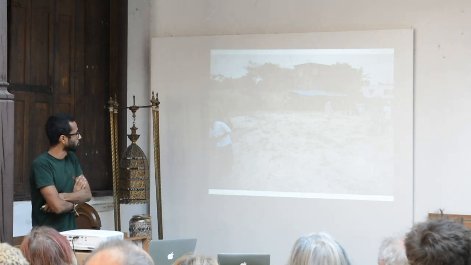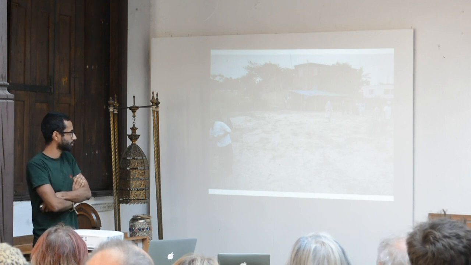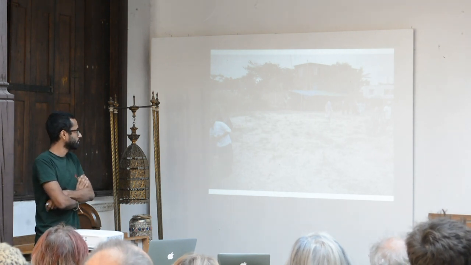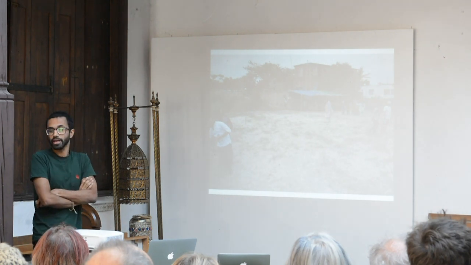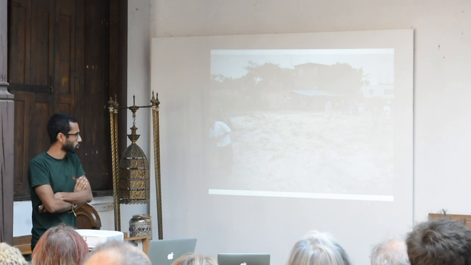But what's interesting is that the charity was able to negotiate with the landowner behind to offer the site as a playground for the children that are there, but also for the local children in the area.